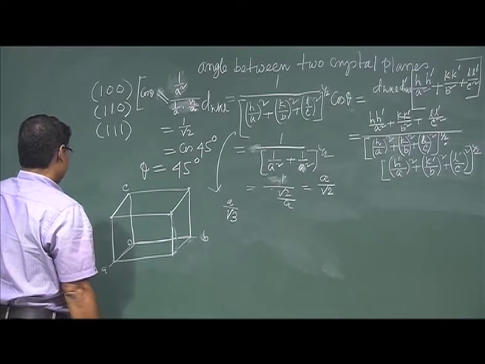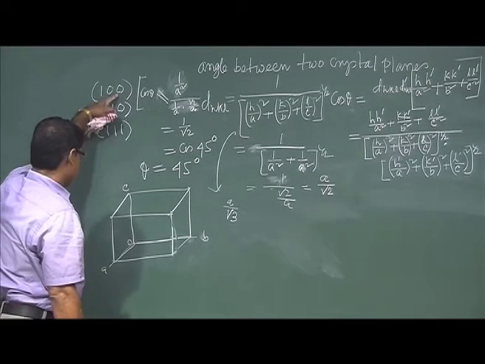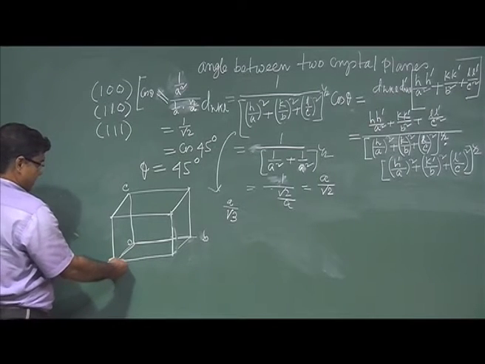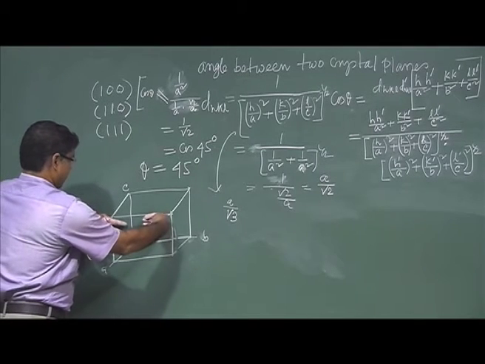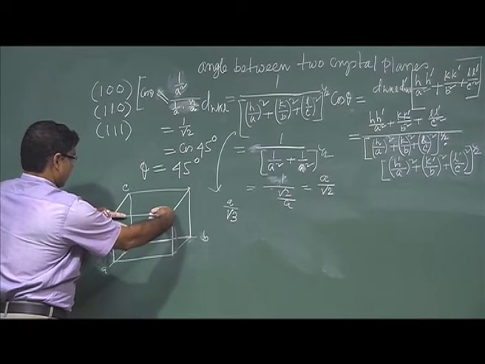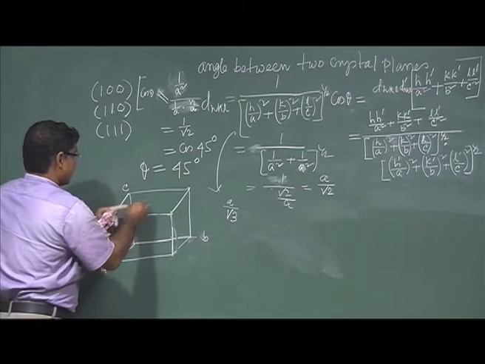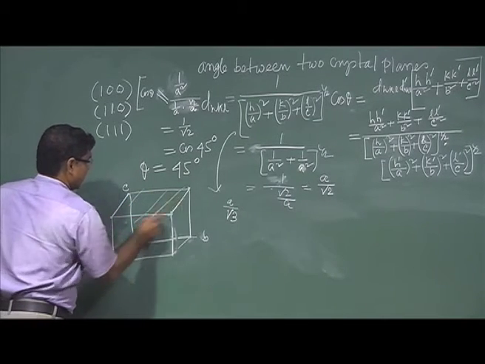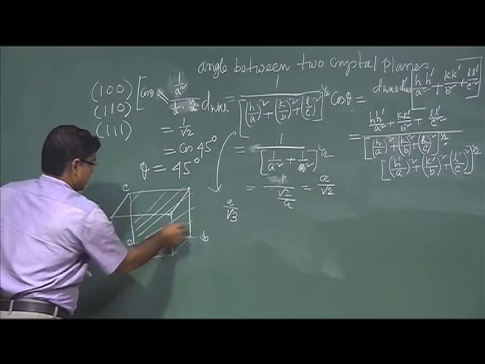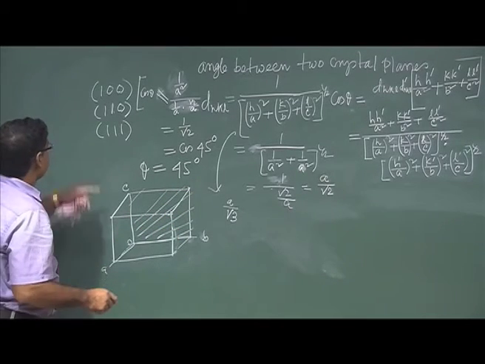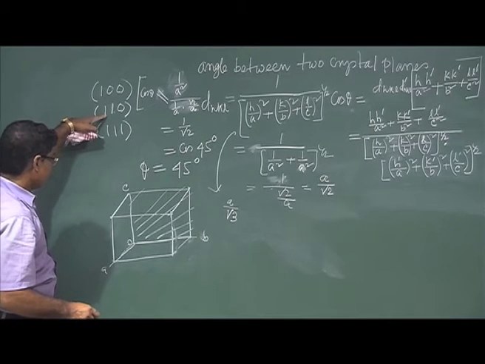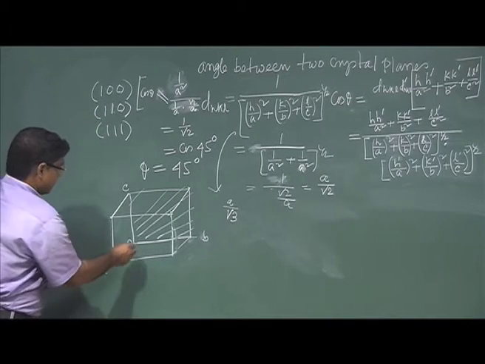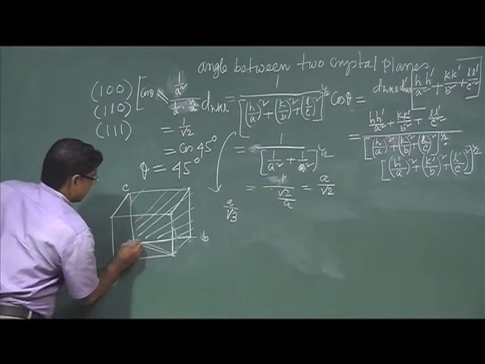Your 1 0 0 plane is basically this plane, passing through the origin, and the 1 1 0 plane is basically this plane, right.